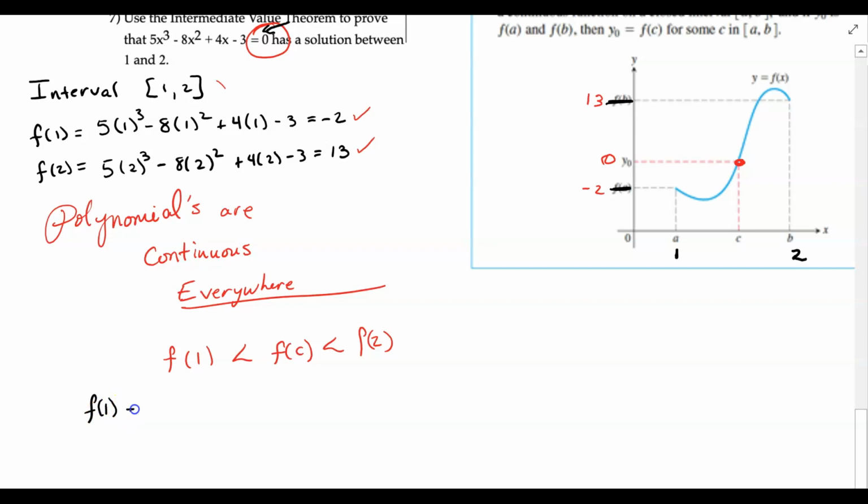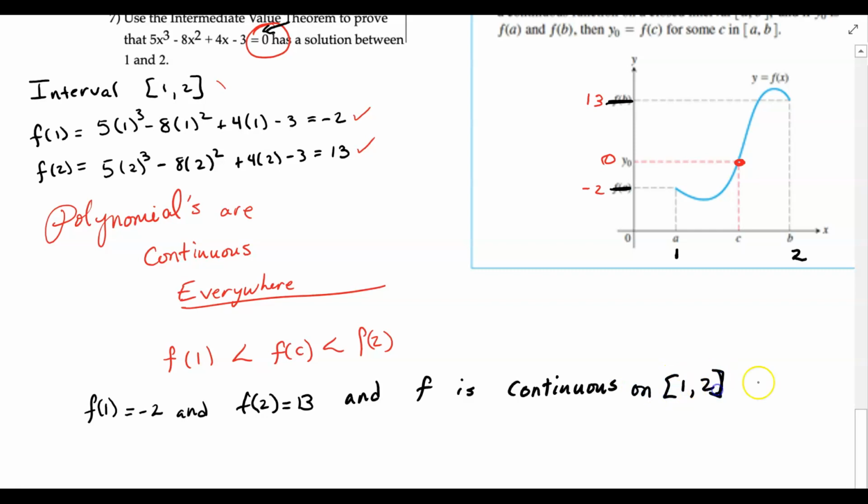So I'm going to write out f of 1 equals -2, and f of 2 equals 13, and f, the function, is continuous on 1 to 2. Why?